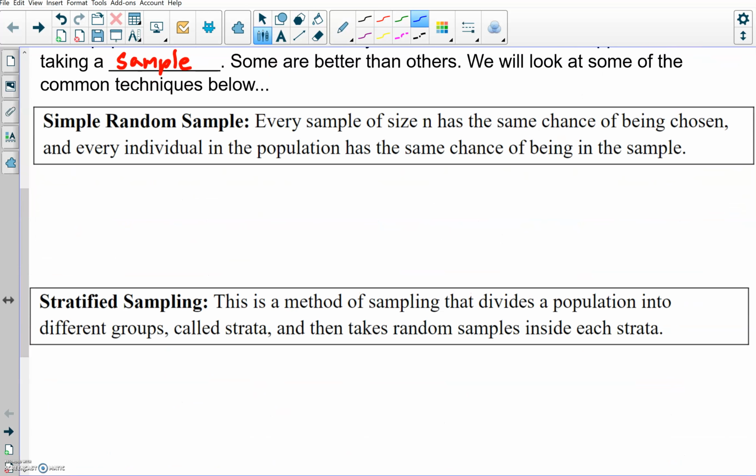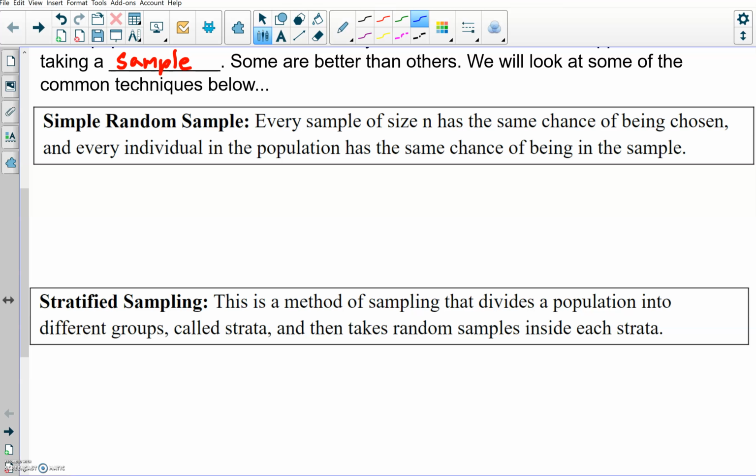So a simple random sample: every sample of size n, whatever the number of objects in your sample is going to be, has the same chance of being chosen. And every individual in the population has the same chance of being in the sample. So essentially with simple random, there's no preset way of grabbing objects or people for your sample.